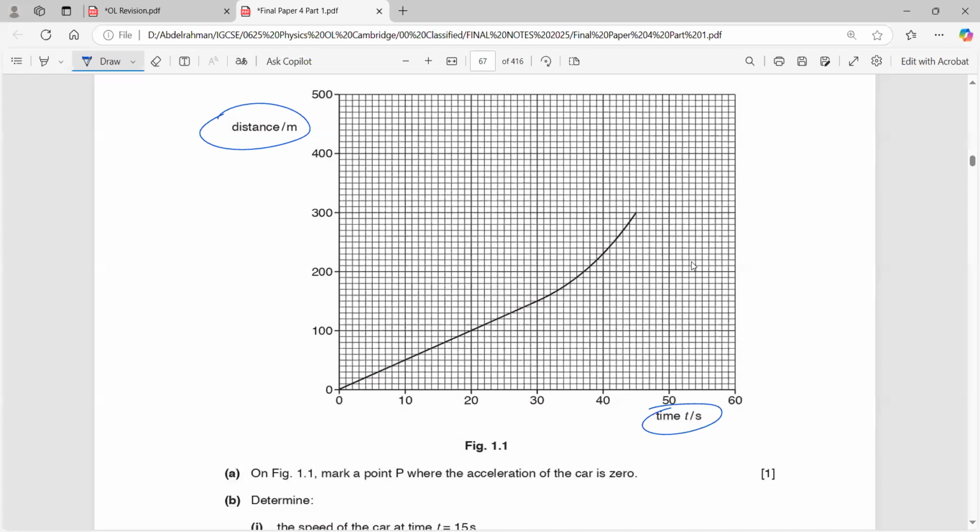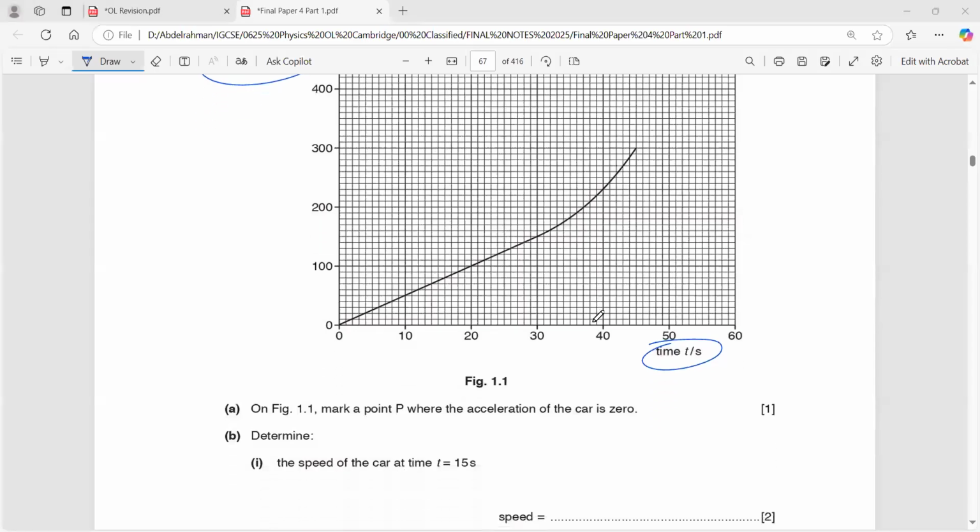So initially, in the first 30 seconds approximately, you had a constant slope, right? Here, a constant slope means you have a constant speed. Constant speed means acceleration is zero. So if I draw point P here, is this right?